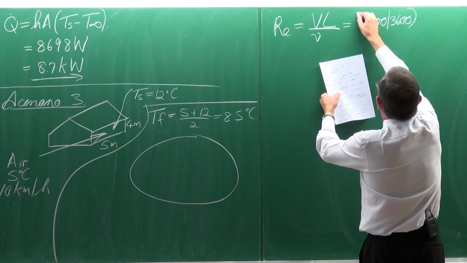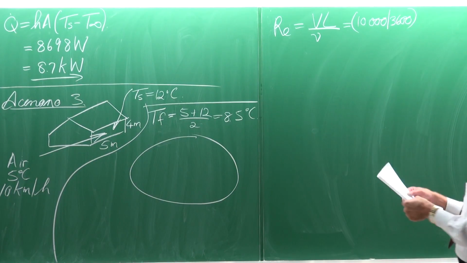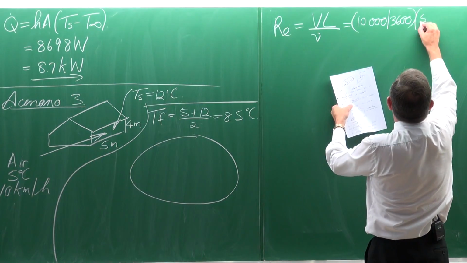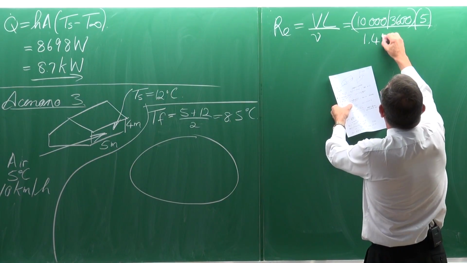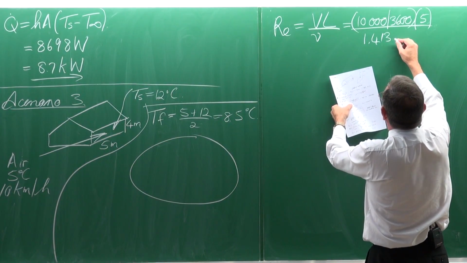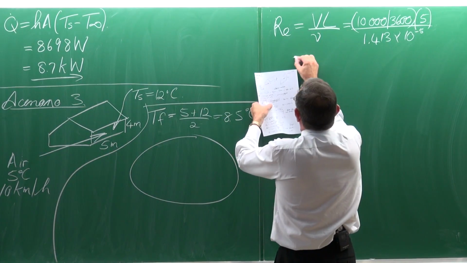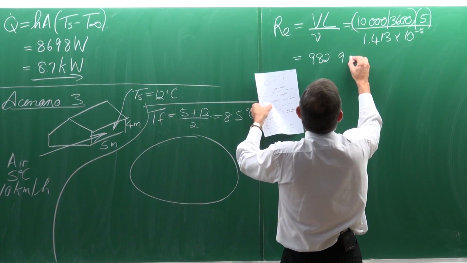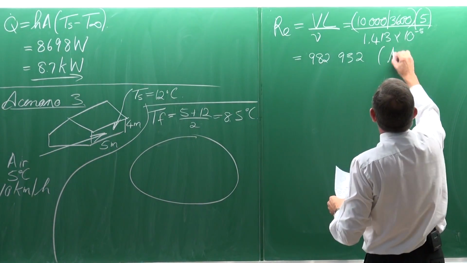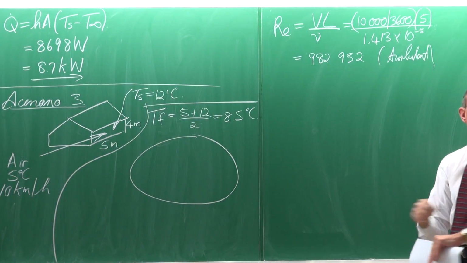So it is 10,000 meters divided by 3,600 seconds, multiplied by a length of 5 meters divided by the viscosity 1.413 multiplied by 10 to the minus 5. And that will give us a Reynolds number of 982,936, which again says the flow is turbulent.